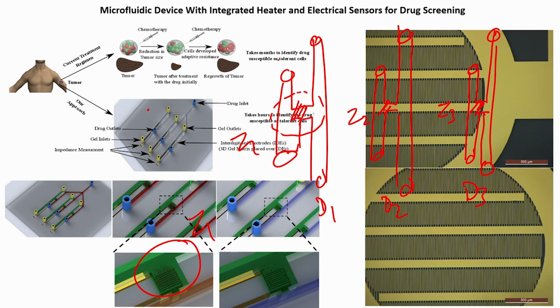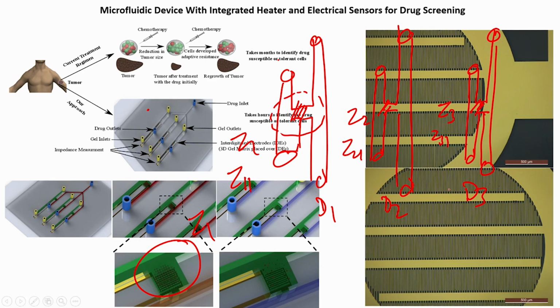Now, when I flow the drug, it will diffuse into this material and start killing the cells based on the efficacy of the drug. If the drug is efficient, the cells would start dying. When cells start dying, I will have Z11, Z21, Z31.